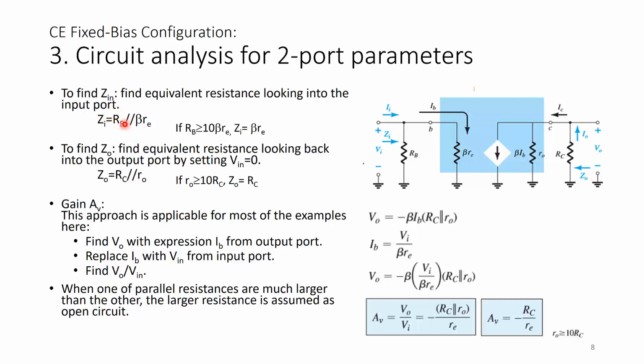Assume that it's open circuit and that Zin is approximated to beta RE. So Z out is also the same thing. If R out is going to be much bigger than RC, therefore our output impedance Z out is going to be RC. Okay, and we do expect that because R out is typically a large value.